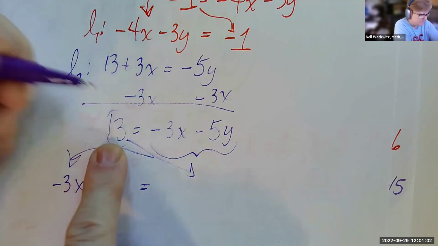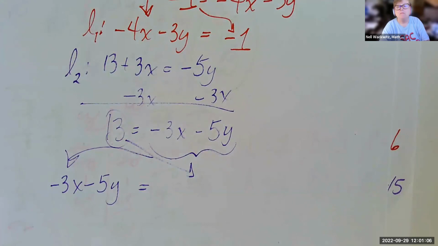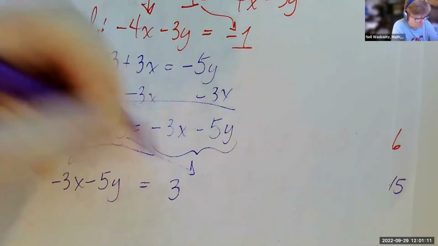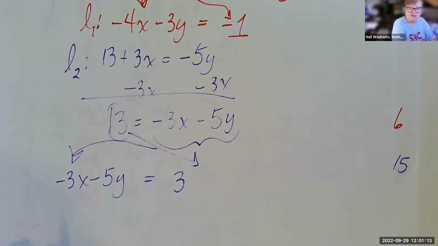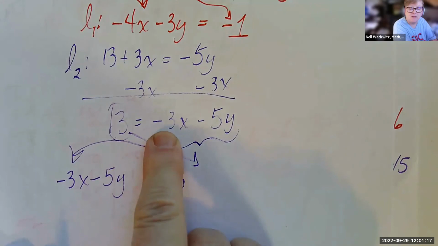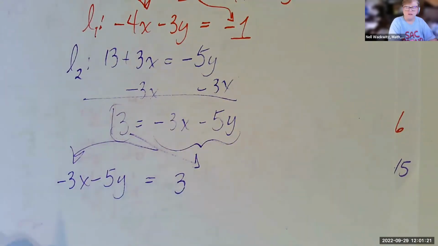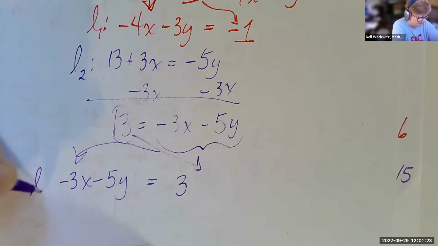I'm writing the thing that was on the left to the right, but we haven't changed anything. Still 3 equals negative minus 5. 3 equals 3x. What we did, Isabella's flip one.